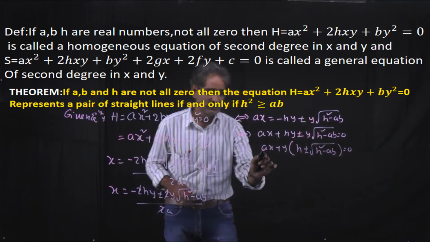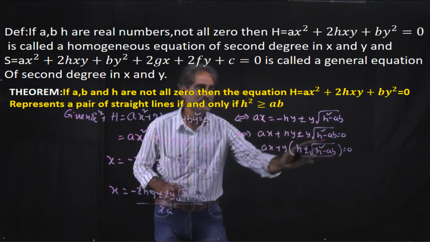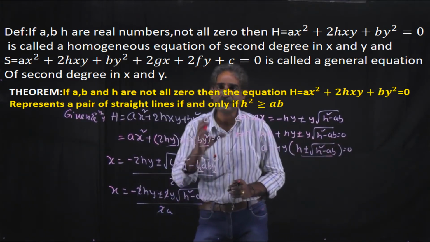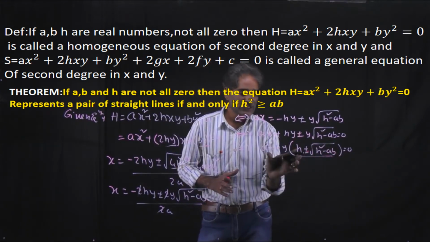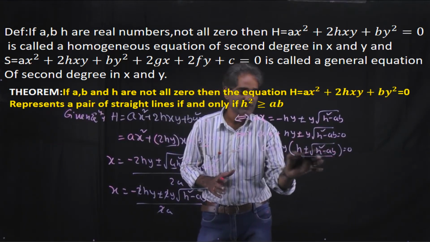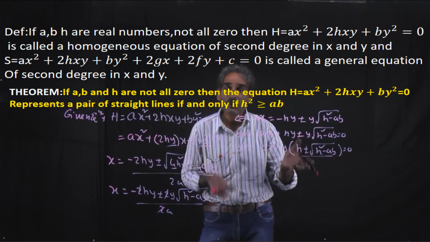Just observe that ax plus by equal to 0 represents a line passing through origin. If h square is greater than ab, it gives two values for the y coefficient. So we are getting two equations which are passing through origin.